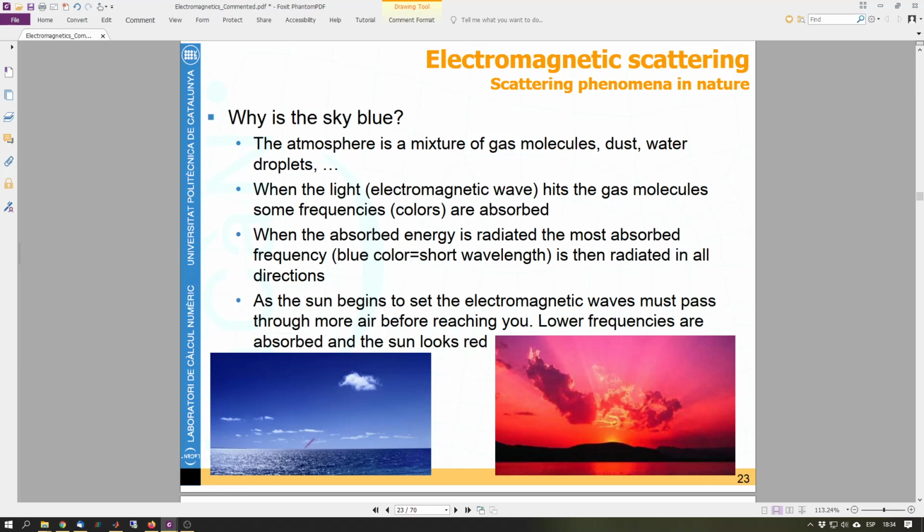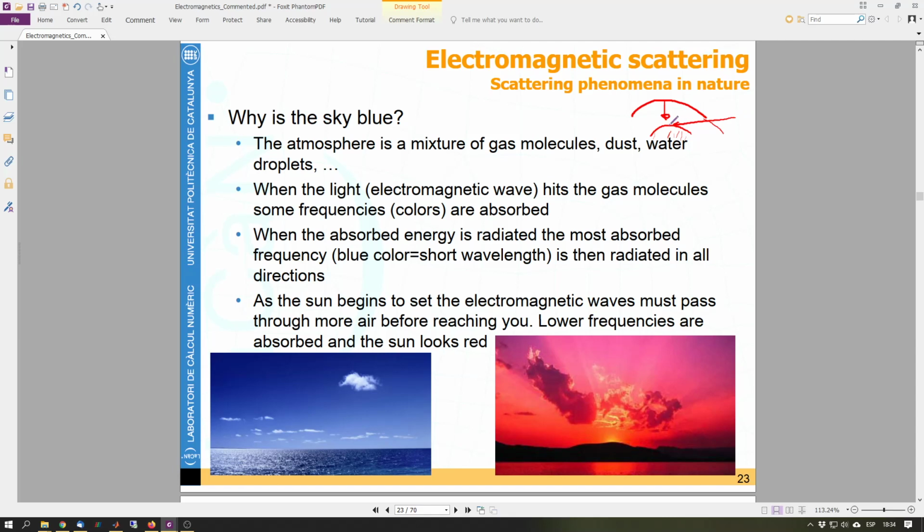And depending on the position or the length it has to cross in the atmosphere, when the sky is blue or rather reddish, may depend on how much the waves have to cross. So if this is the atmosphere, and this is the Earth, whether a wave has to go through a longer path than when they come through the top.